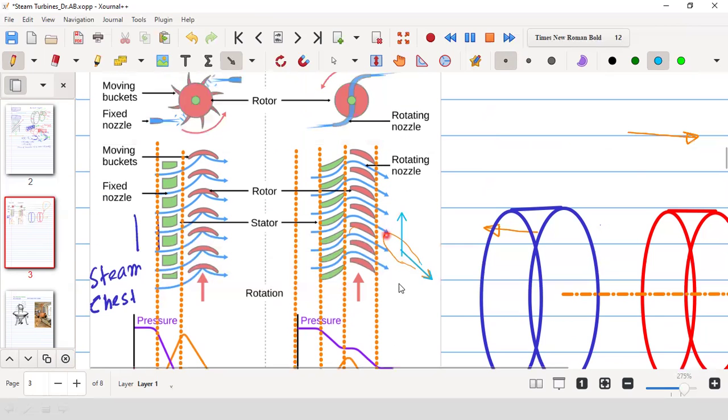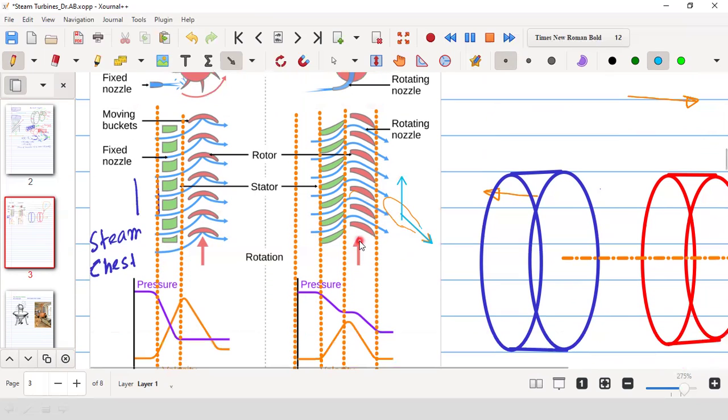This will be the direction of movement of the blade due to the reaction. So the blade passage will act as an expander and cause a further pressure drop. The pressure drop took place in the nozzle also, as well as in the blade passage.